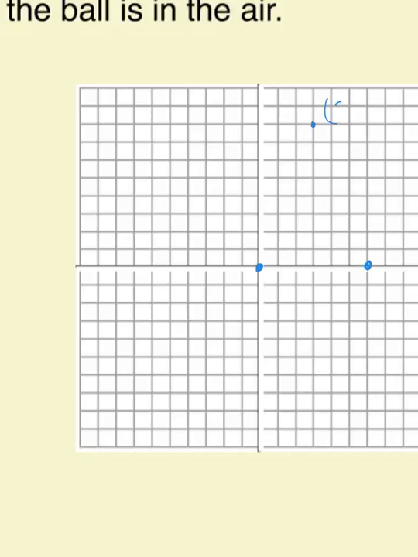Assuming that this point is 3, 144, and then this is 6, 0. This point is 0, 0, the origin. All right, so the graph should look like that.